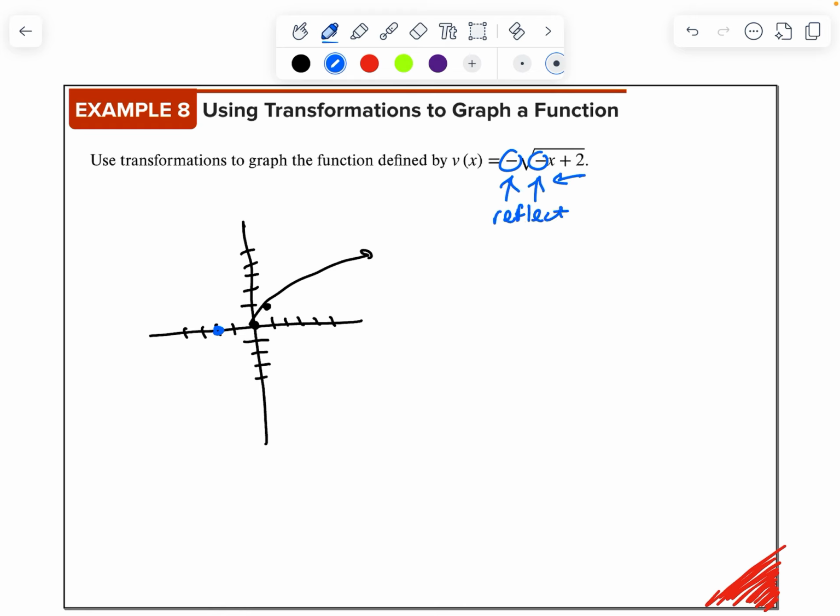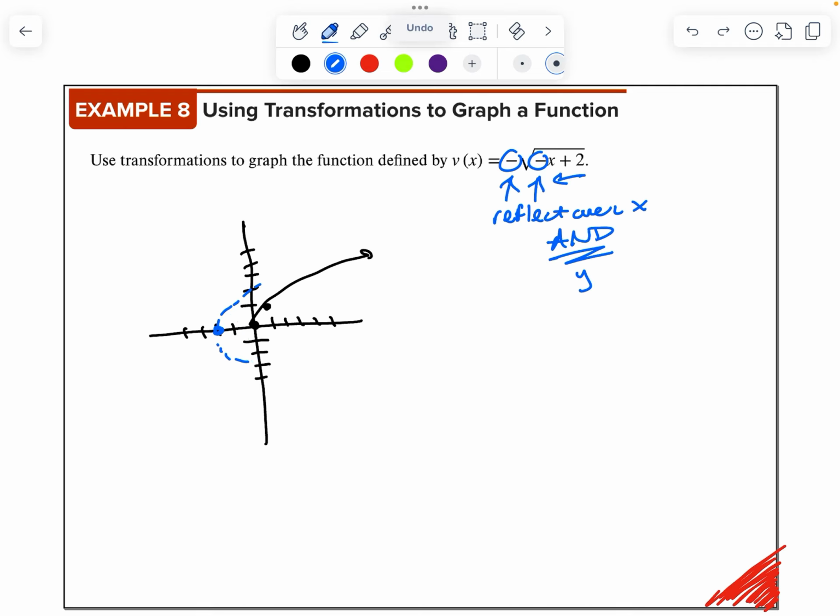Reflect over the x and reflect over the y. So instead of going up and right, if we reflected over the x, it would go down, right? We would flip it this way. If we reflected over the y, it would flip it this way. So we need to essentially do both.